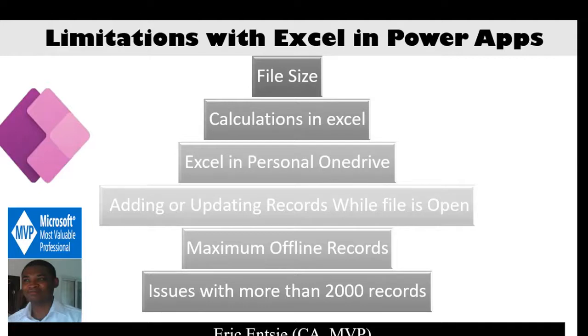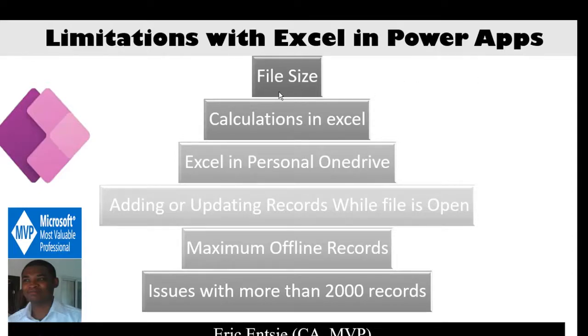As at the time I'm recording this, I don't know whether it will be improved in the future. So if you are uploading a file, for example 15,000 records, 20,000 records, if the file size is more than 2 megabytes, you will not be able to upload offline.